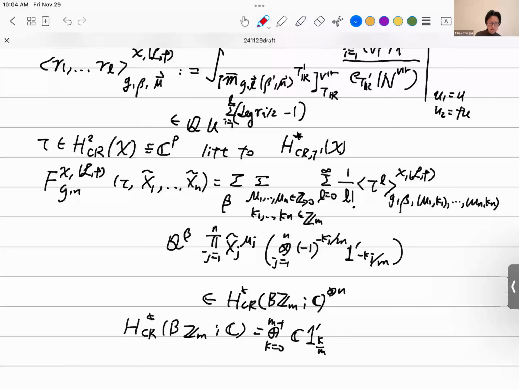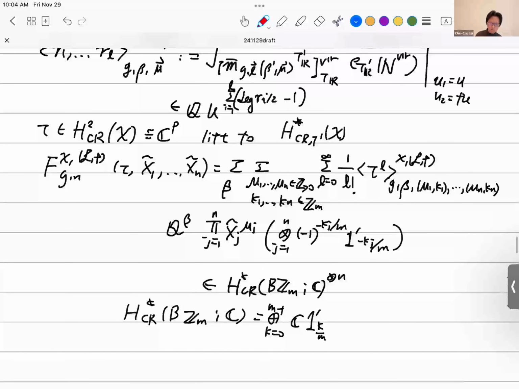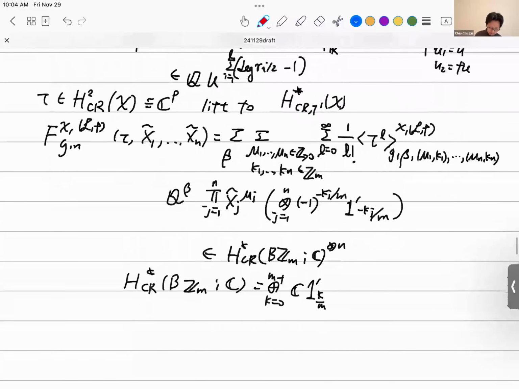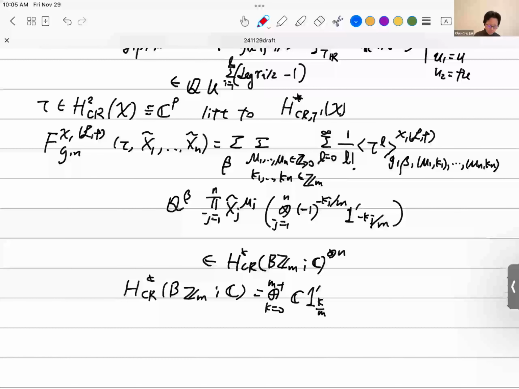So the Chen-Ruan cohomology of BZM is M dimensional, one for each untwisted sector. So let 1 prime km denote the unit on the component associated to the element k in Z mod M. So we define this.